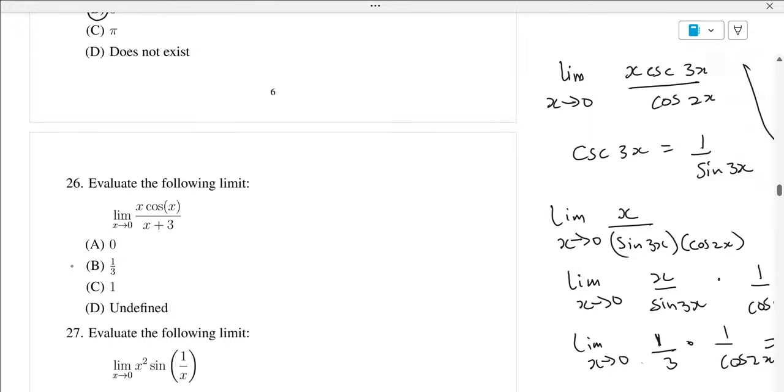Now question 26. Evaluate x cos x over x plus 3. Here you can just substitute in your 0.